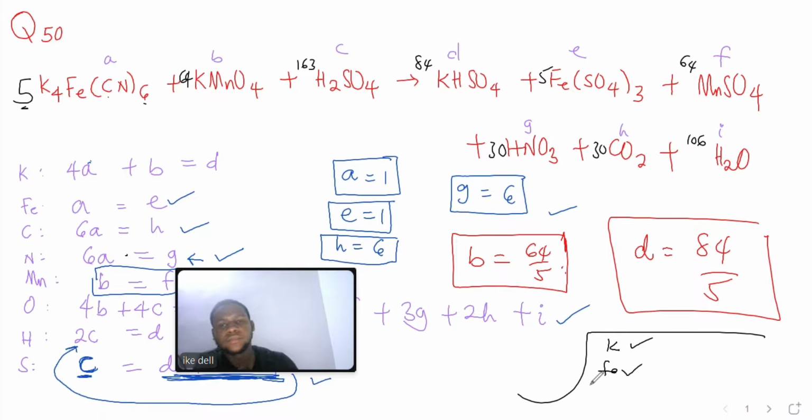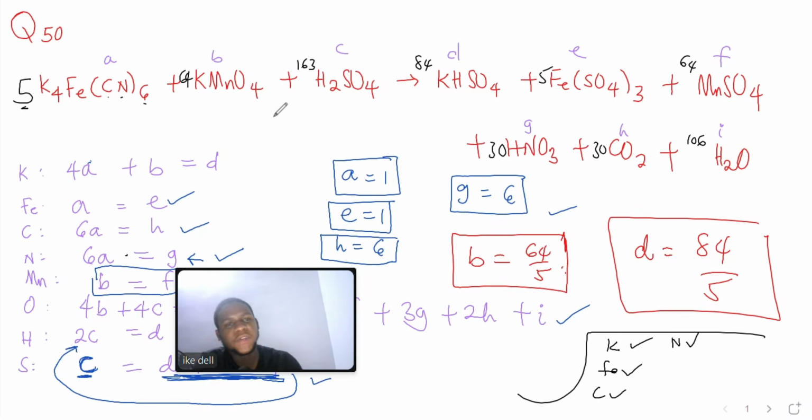Next is our nitrogen. Nitrogen is 5 times 6, which is 30 on this side. There's no other nitrogen here aside from right here, which is also 30. Yes, so the nitrogen is fine.